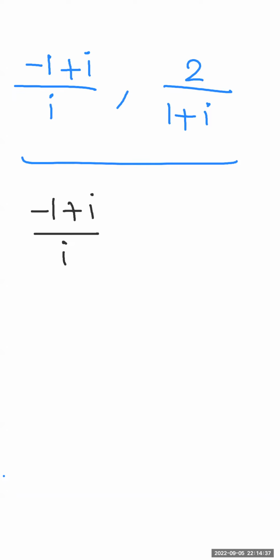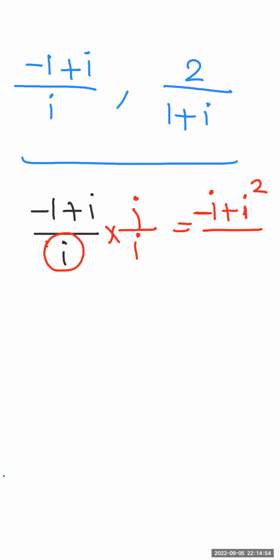To simplify this one, I will multiply it by i over i, correct? So simply it will equal -i plus i squared over i squared. So (-i minus 1) over -1. So if I divide -i by -1 it means i, and -1 divided by -1 means +1.